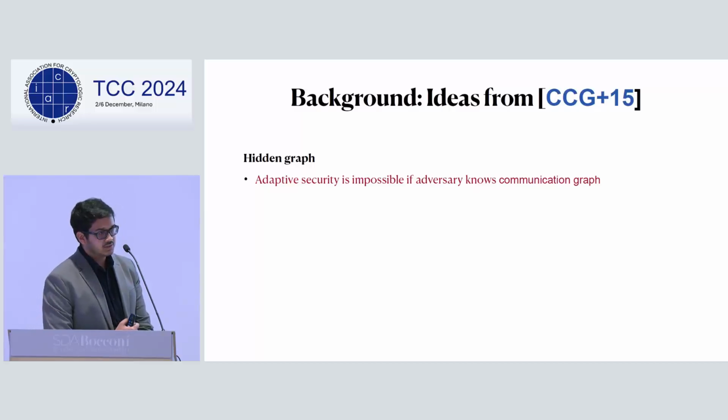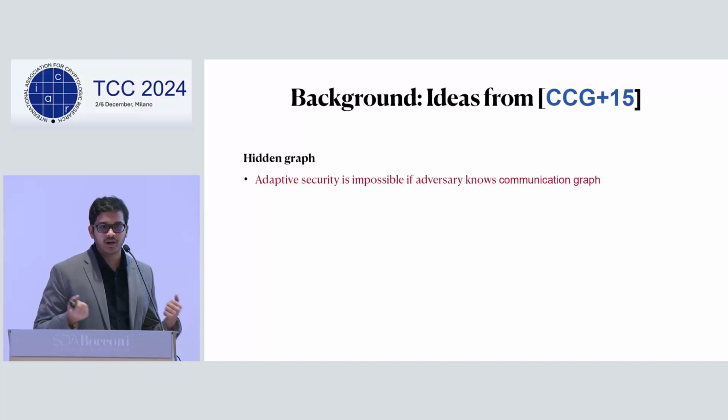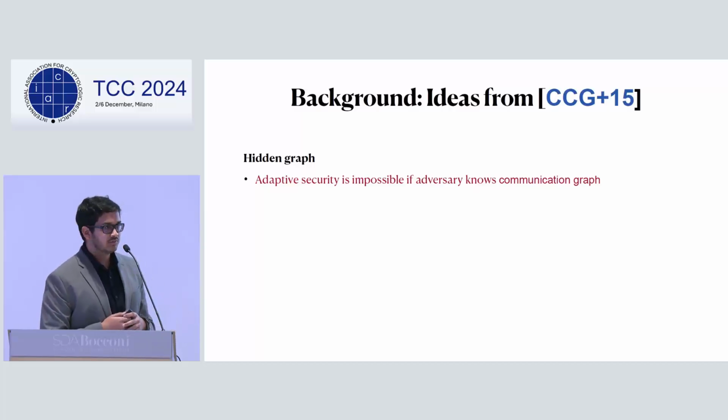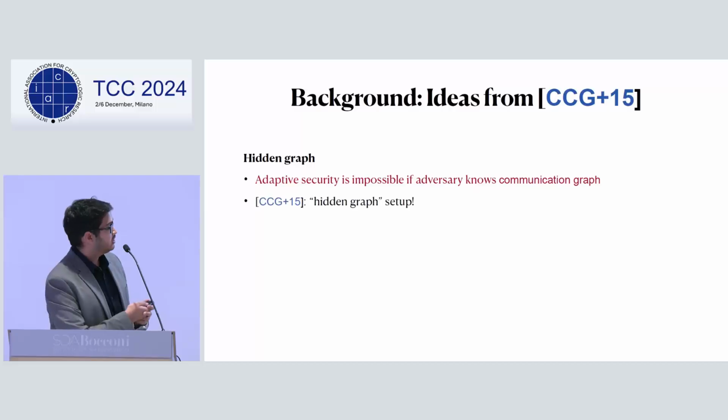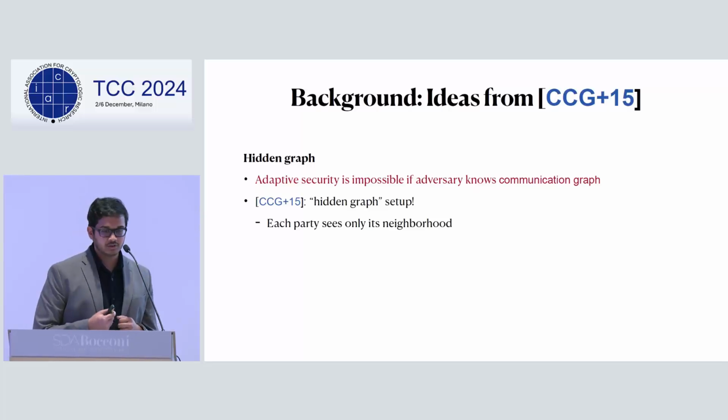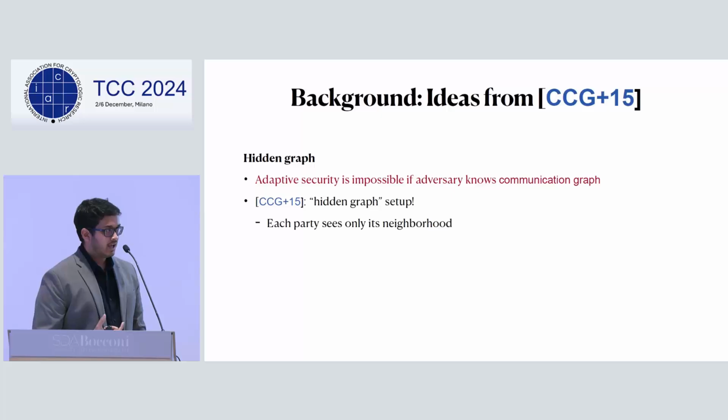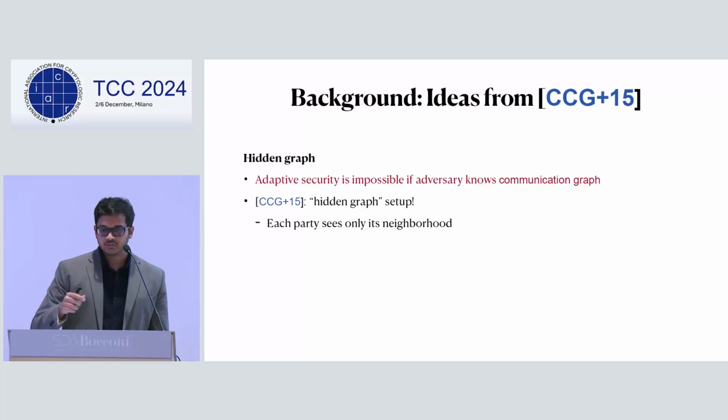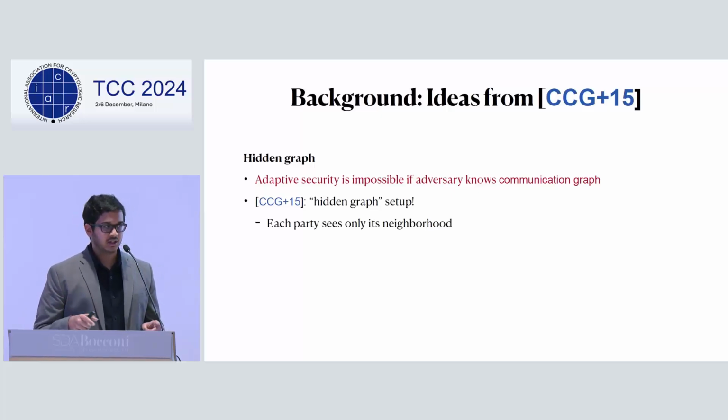And this isolates the party from the rest of the network. And we go back to the notion of almost everywhere security, which we want to avoid. And the way to get around this is to have a hidden graph setup where every party only sees its own neighborhood. So the adversary sees only the neighborhoods of the corrupted parties. And particularly, the adversary is not notified when two honest parties are communicating.